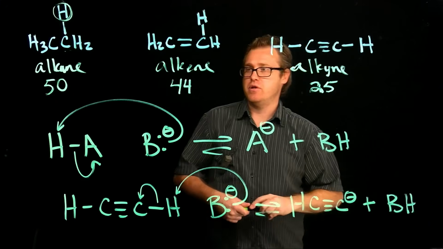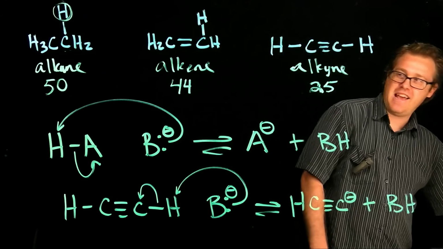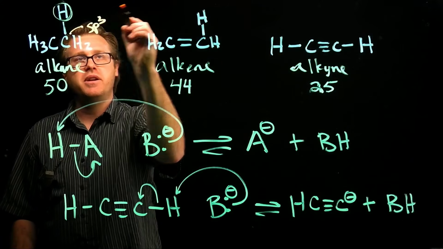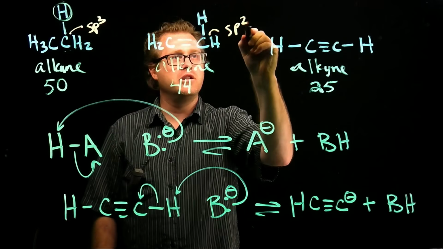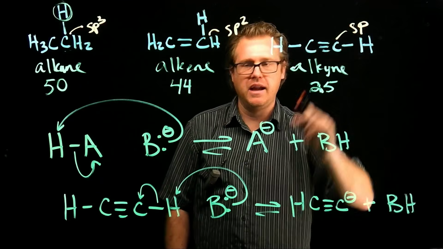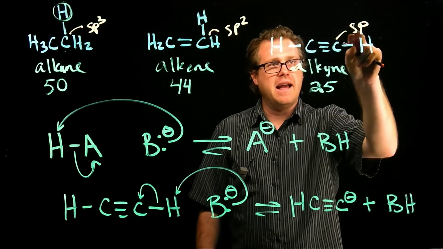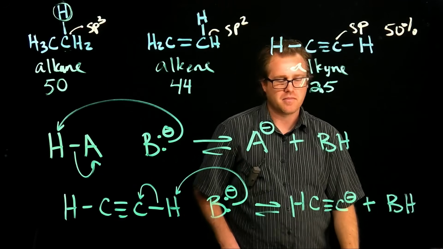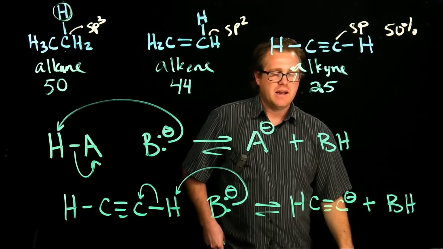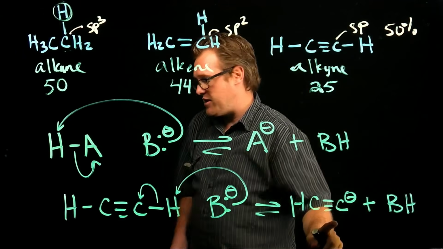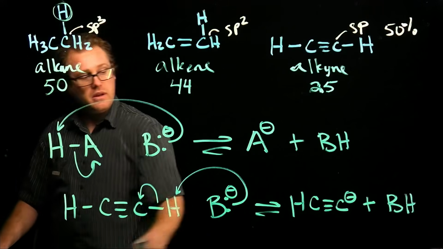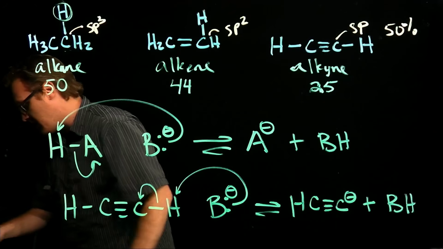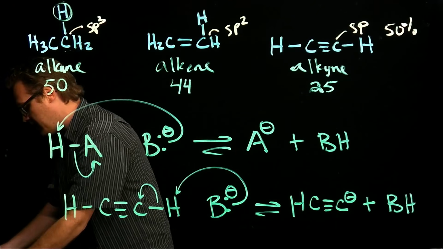Well, it comes down to the hybridization states again. What's the hybridization state of this carbon? sp3, sp2, and sp. And we've learned that sp is what? 50% s. So when we form this species right here, this negatively charged species has a name, and it's called an acetylide ion.